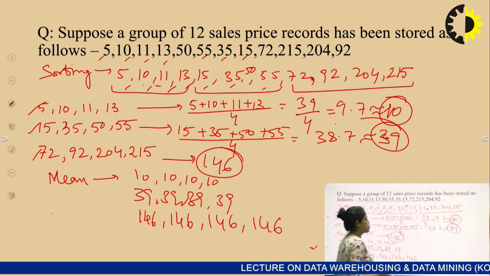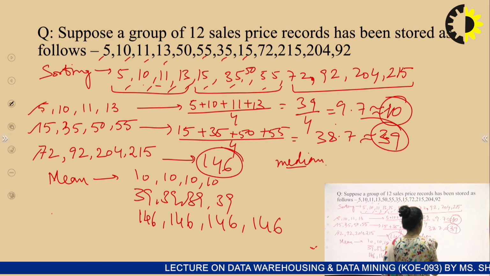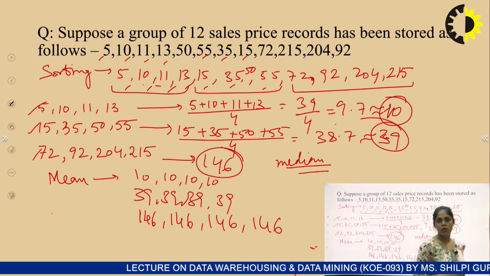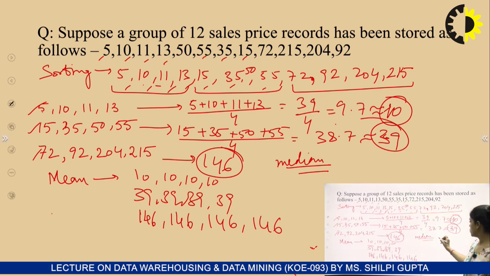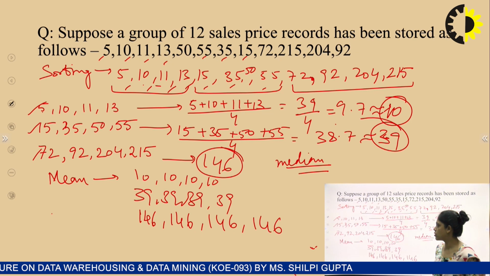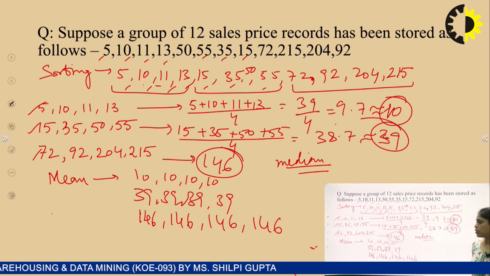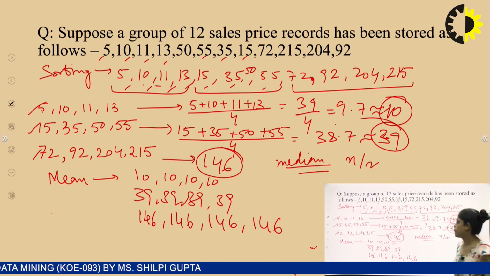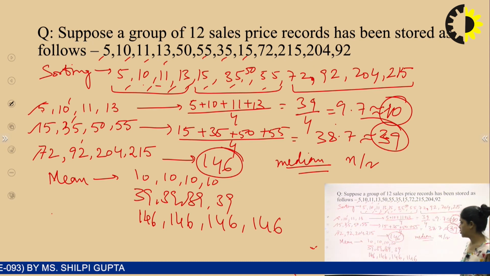If we talk about median, you can see that here we have a total number of terms in a particular bin as 4, which means the count is even. So for even we use n by 2, so we take the second term as the replacement.